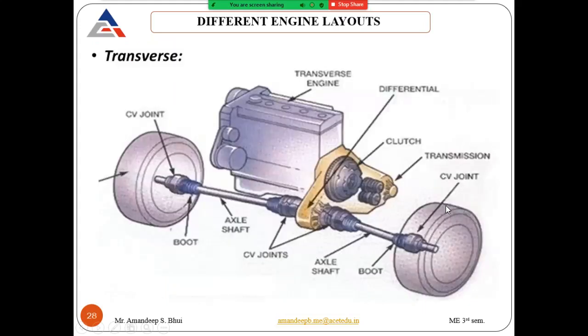Then another type of configuration is where the engine is placed along the axle of the car, that is, along the axis of the wheels. If the engine is placed in this direction, parallel to the axle of the vehicle, then this type of configuration is known as the transverse layout of the engine.